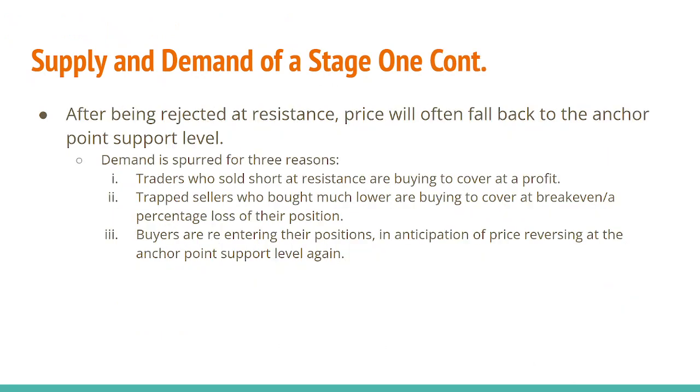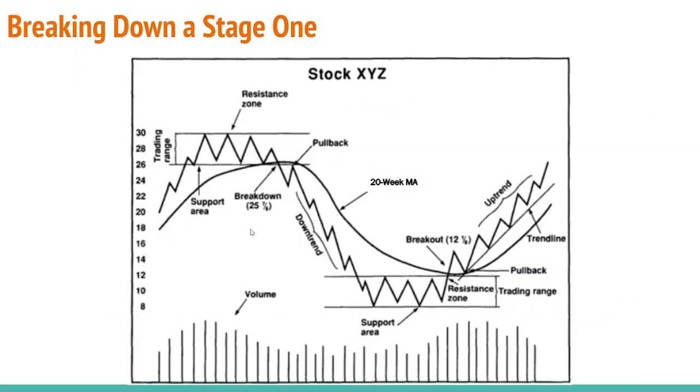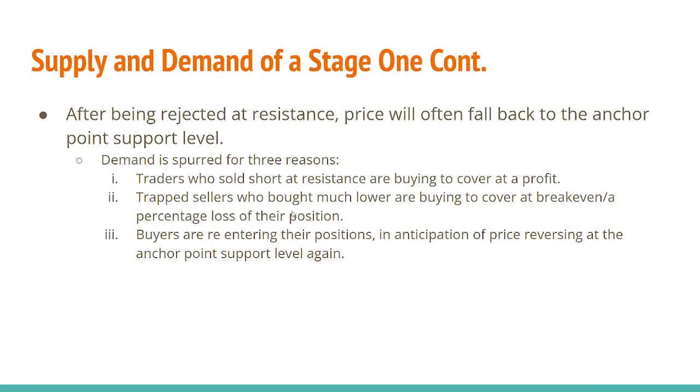And then how does demand work? After being rejected at resistance, price will often fall back to the anchor point support level. So going back to our chart, here's our resistance, and this one gets pretty close to our anchor point support level. There are 3 reasons why demand is spurred.